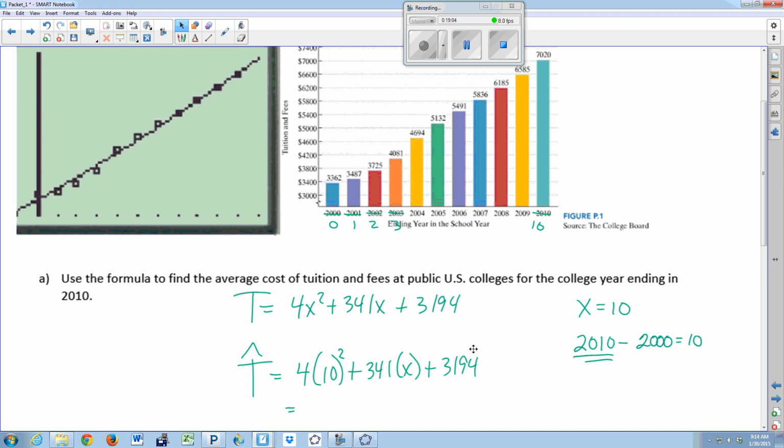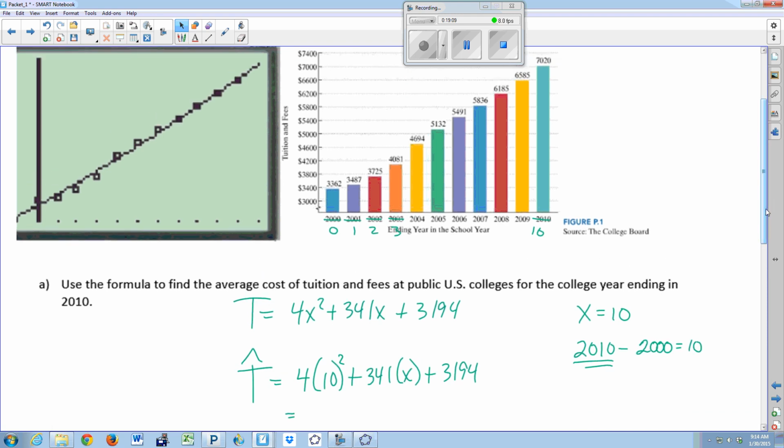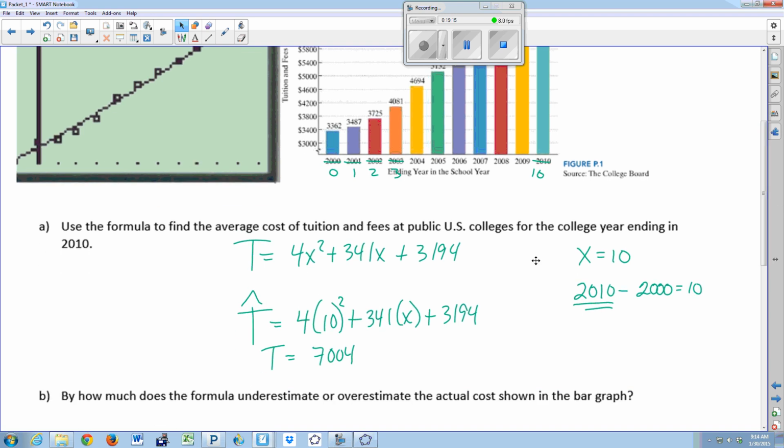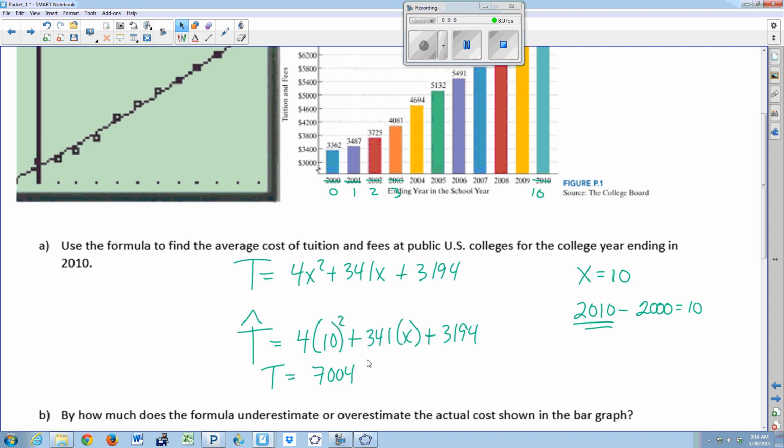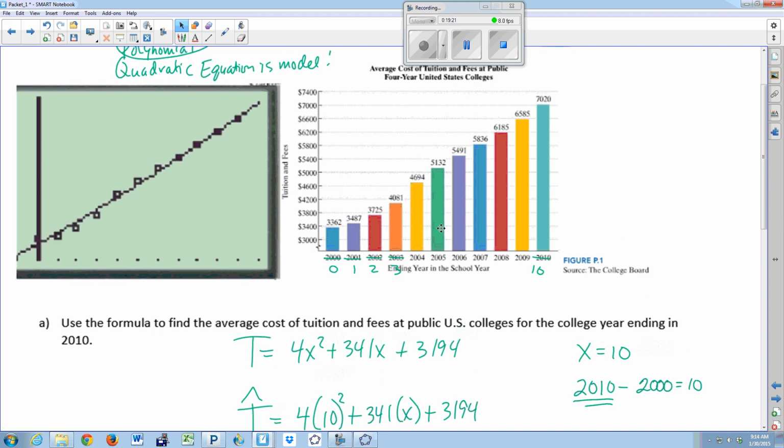Okay, and what do we get? I know some of you have already worked this all out. What did you get? 7,004, right? So this model predicts that the average cost of tuition and fees would be 7,004. We know that the real average cost for that year was 7,020.